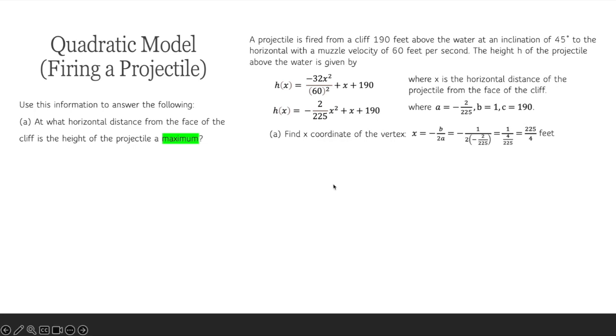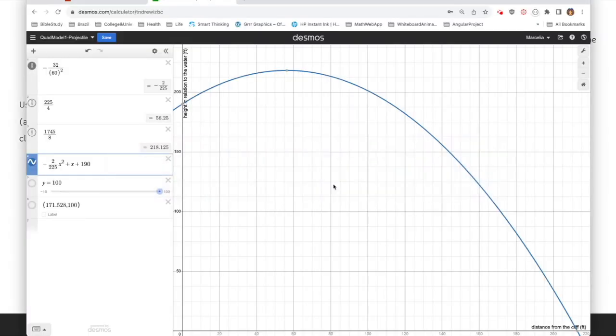But in terms of the number itself, I just go there out of curiosity and see that 225 divided by 4 represents 56 feet and a fourth, 0.25. So just so that I know that.